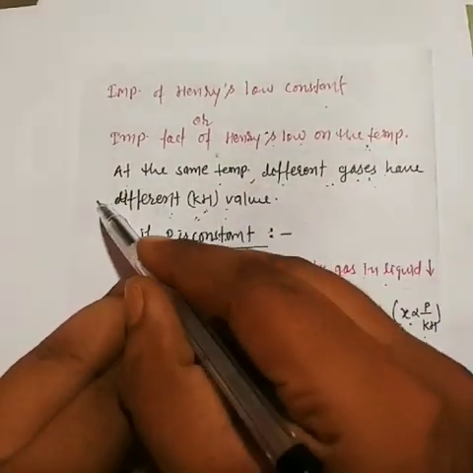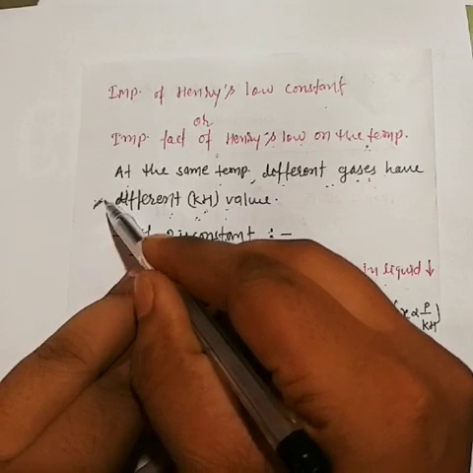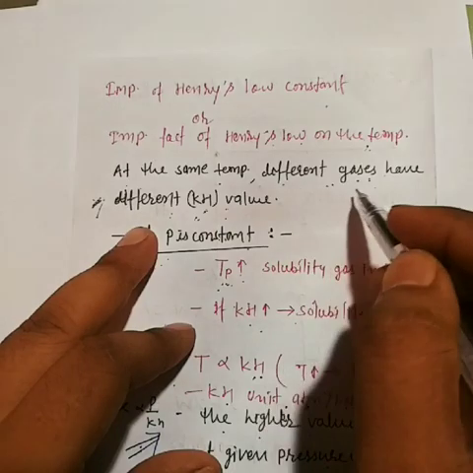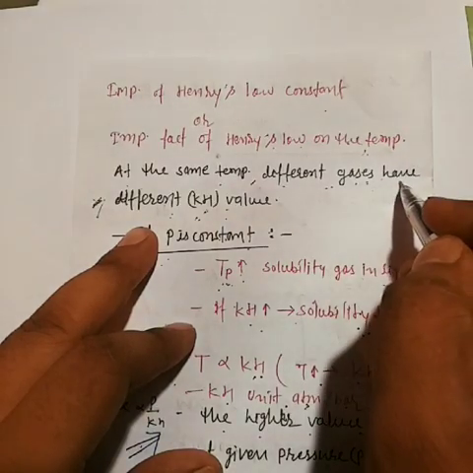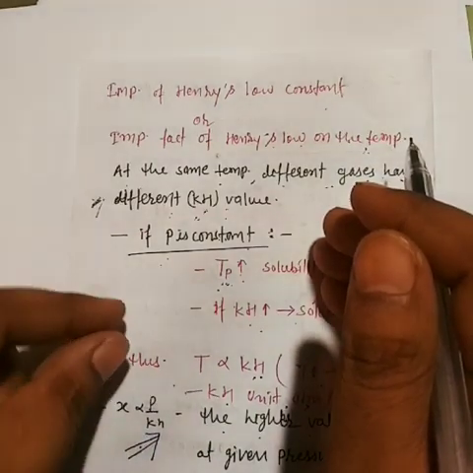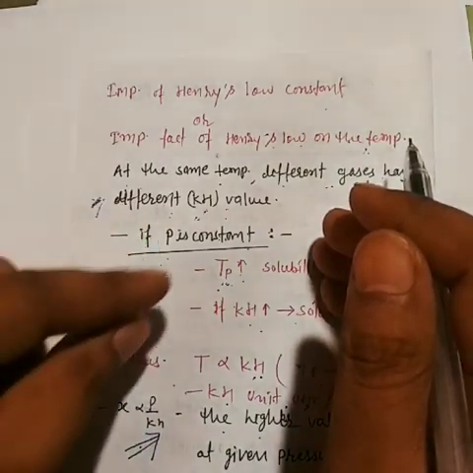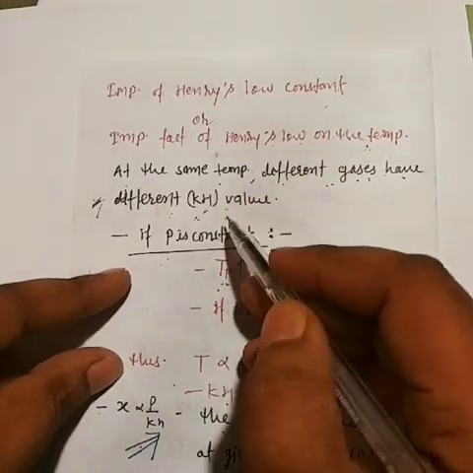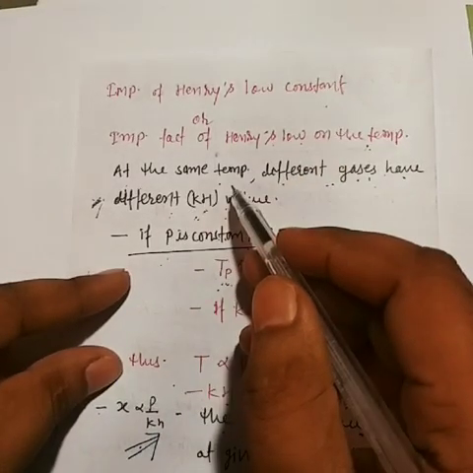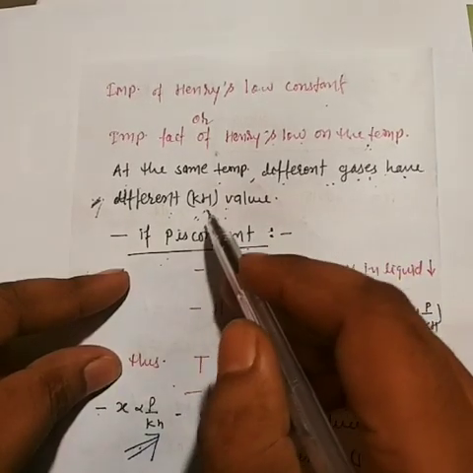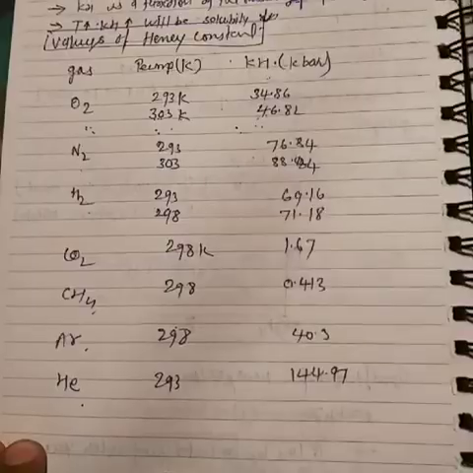Now this point is very, very important. Now see here, at the same temperature different gases have different Henry constant values. This is very, very important for Henry's law constant. Once again I repeat, at the same temperature different gases have different Henry constants.